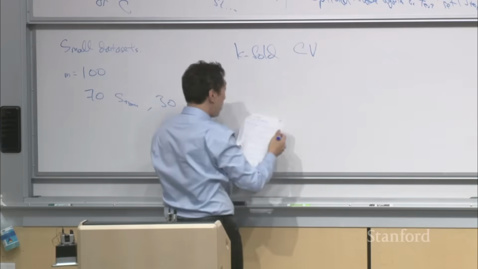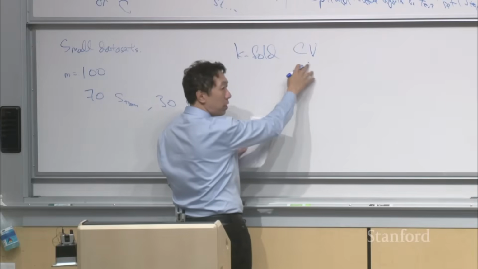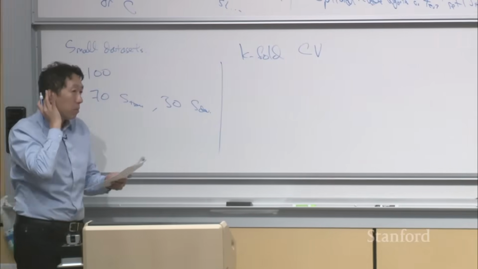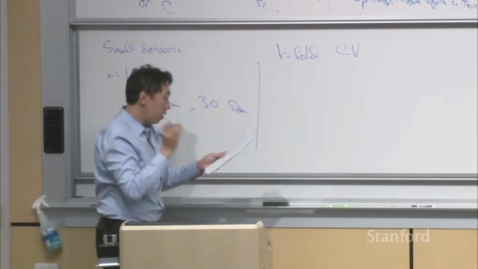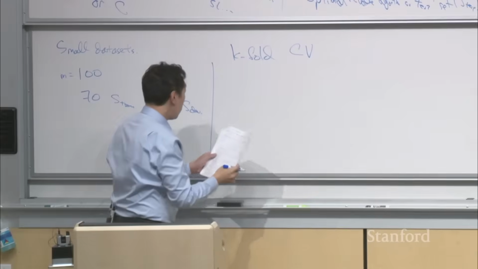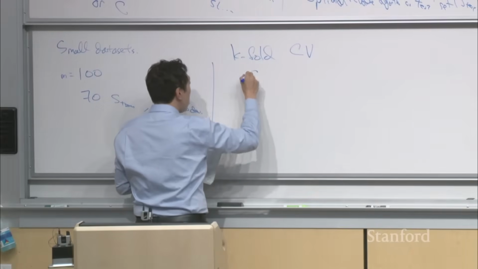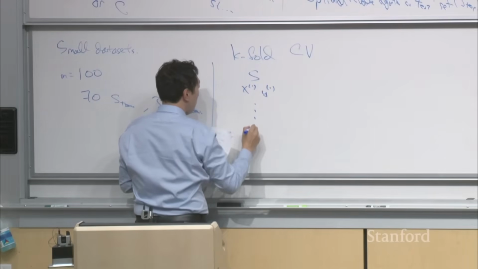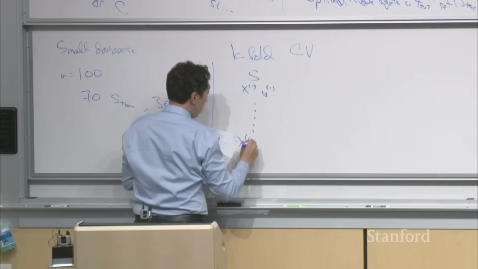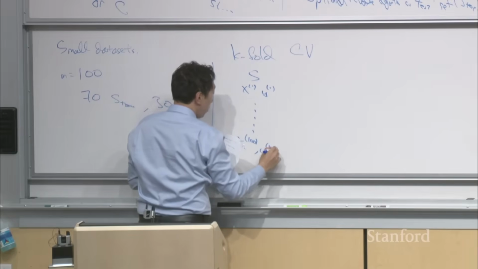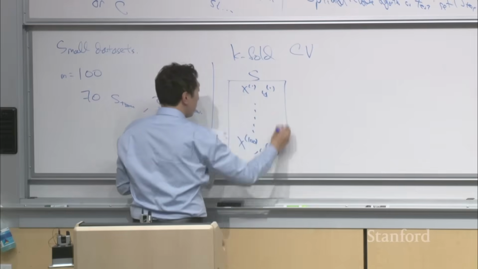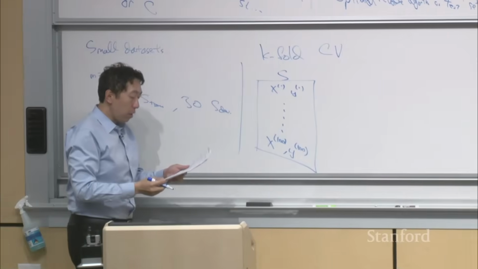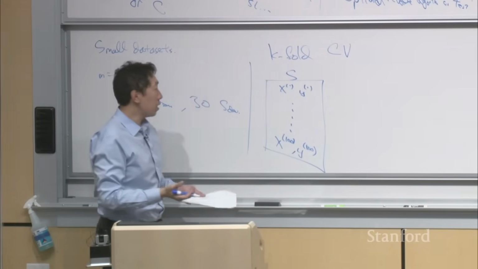only if you have a small data set, called k-fold cross-validation, or k-fold CV. This is in contrast to simple cross-validation. But this is the idea: let's say this is a training set S. So you have x1, y1, down to x100, y100. What we're going to do is take the training set and divide it into k pieces.